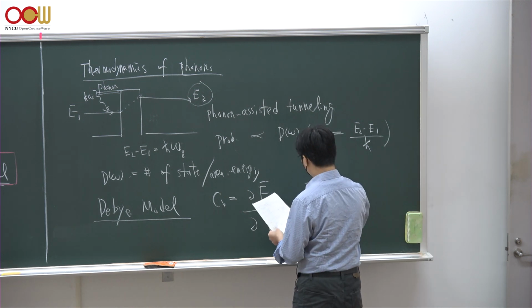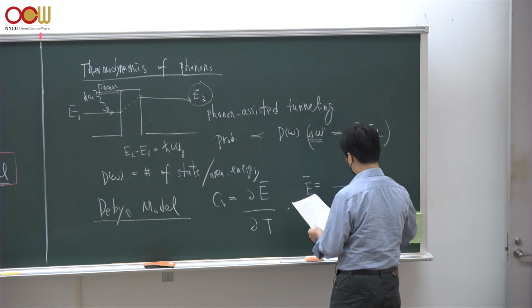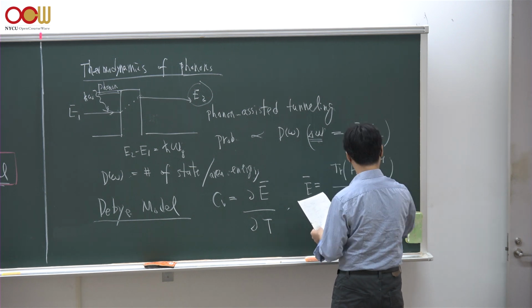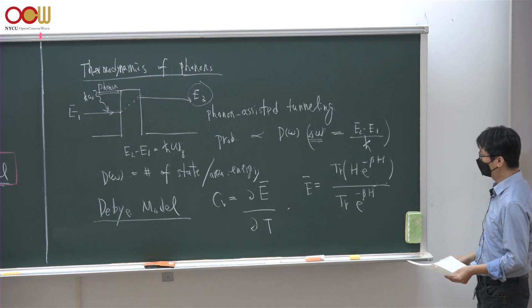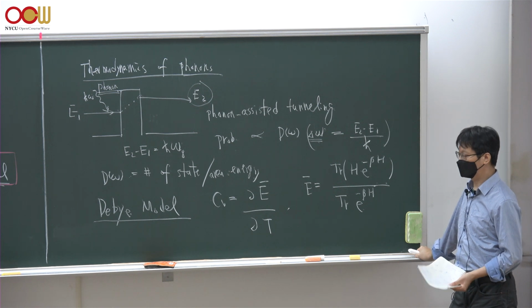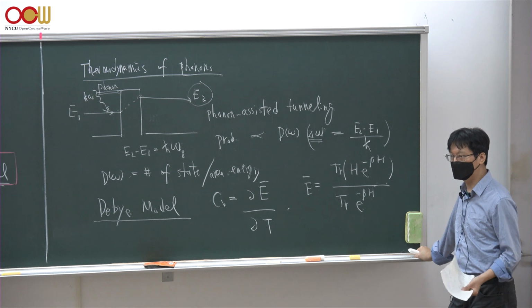So E bar is the thermal ensemble average total energy of your phonon system. Remember, this H represents the Hamiltonian, and the Hamiltonian of this phonon consists only of the kinetic energy and the simple harmonic oscillator potential, in 3D.